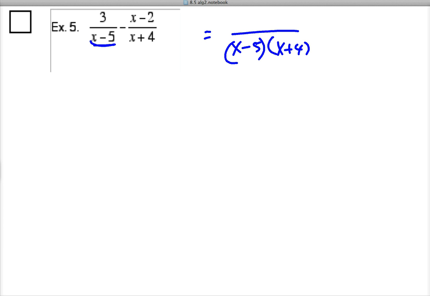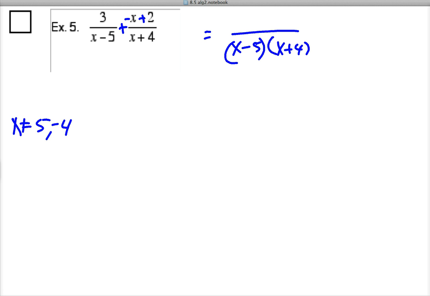And again, I would encourage you to change that minus up here to plus, and then switch the signs of everything on the upper right. Restrictions, of course, would be x can't be 5 and it can't be negative 4. And it's just a matter of what do we need for each fraction.